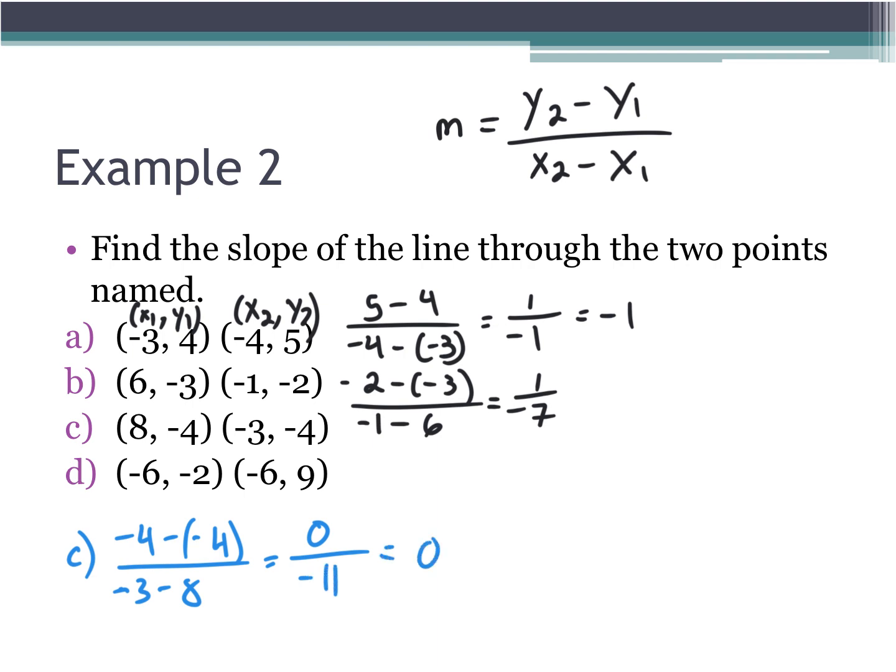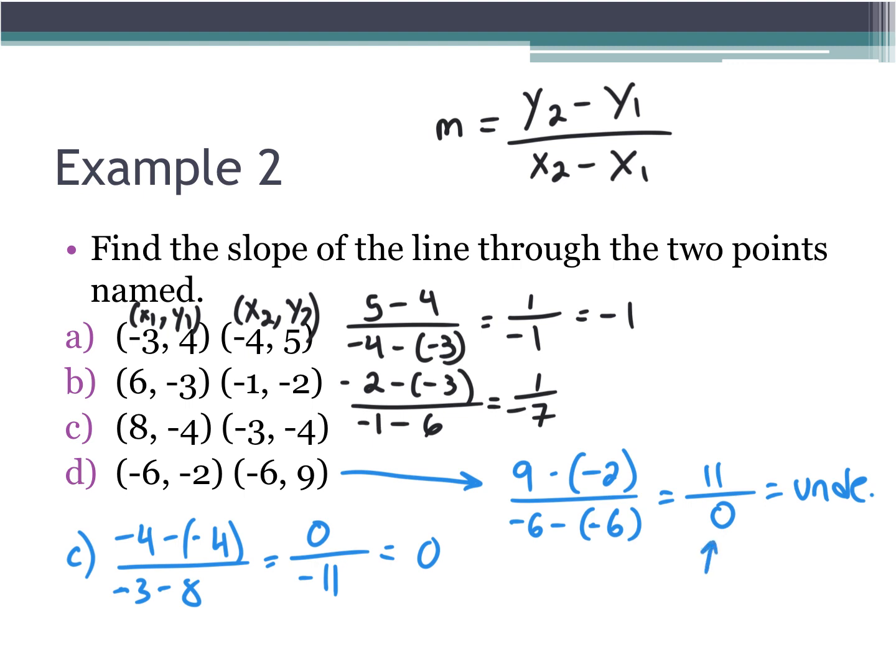So it's just going to give us a slope of 0. I'm going to do D right here. We can say that is 9 minus -2 over -6 minus -6. 9 minus -2 is 11. And -6 minus -6 is 0. This is undefined.